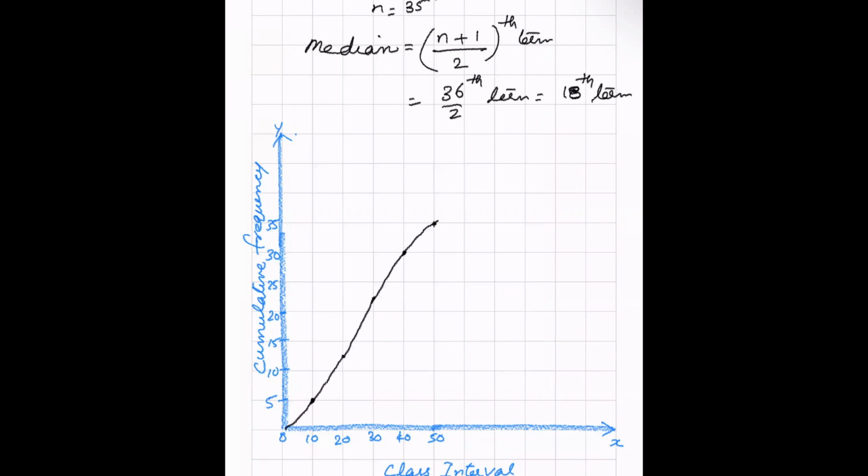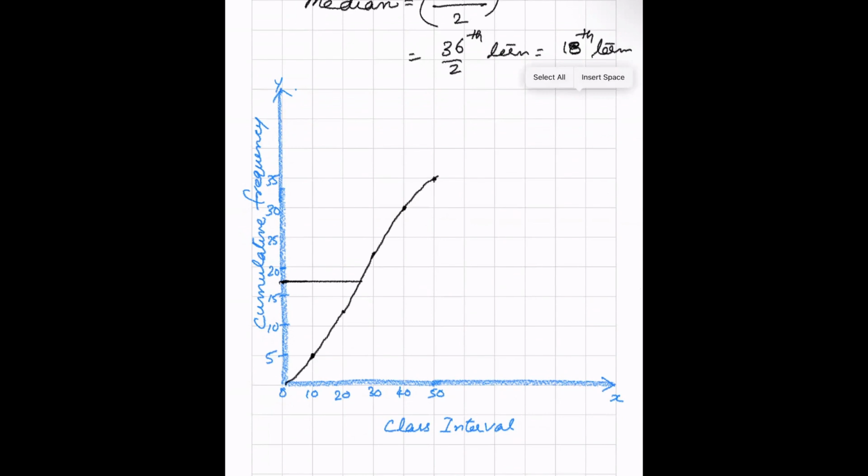So where will the 18th term be coming? For that, first of all, against cumulative frequency, you should know where the 18th term is coming. If you have graph paper, it's easy to figure out where 18 is coming. Otherwise, you roughly mark 18. Now against 18, you draw a horizontal line, and that should touch the ogive.